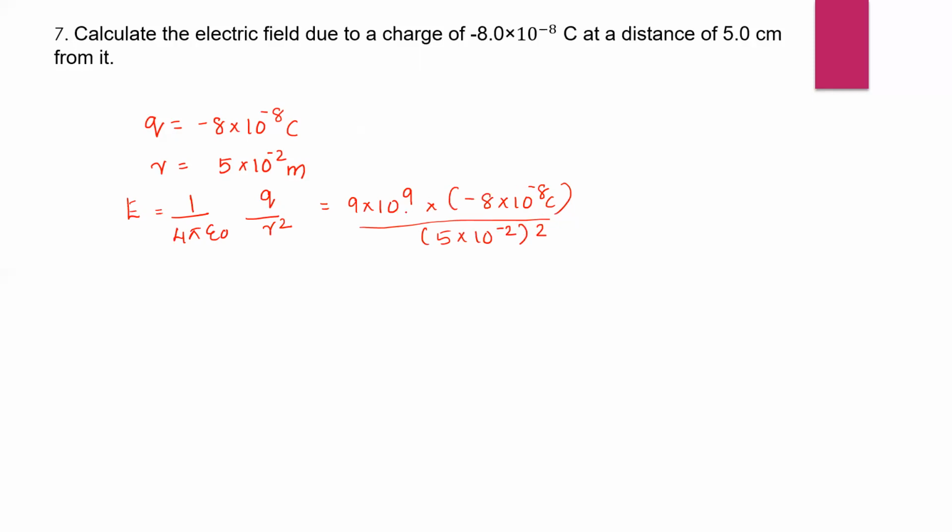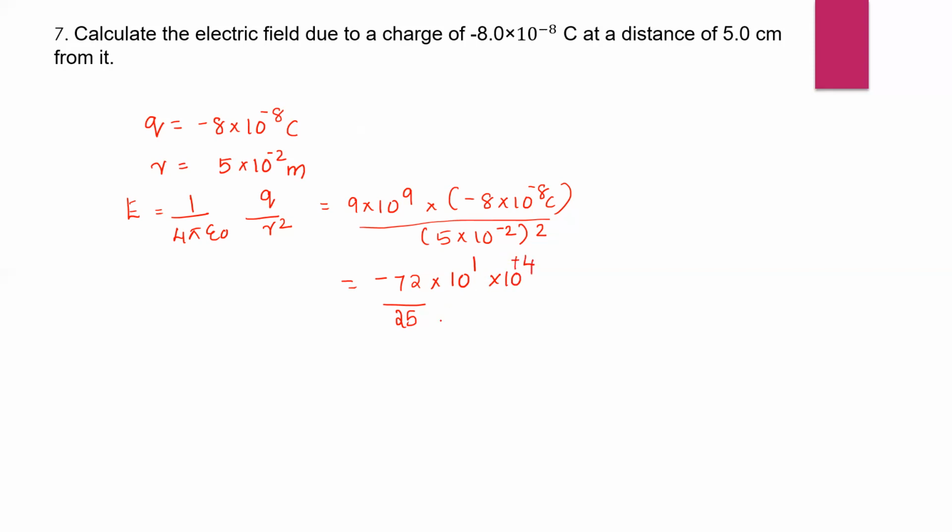Okay. 9 8s are 72 will come. That is minus 72 into 10 raised to 9 into 10 raised to minus 8 is 10 raised to 1 will come, upon 5 square, which is 25 into 10 raised to minus 4. 10 raised to minus 4 when we are taking to the numerator it will become 10 raised to plus 4.